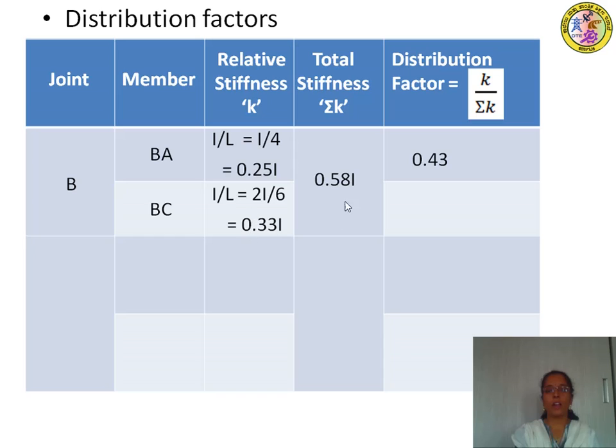So 0.33 I divided by 0.58 I is equal to 0.57. Okay, so these are the distribution factors for members meeting at joint B.